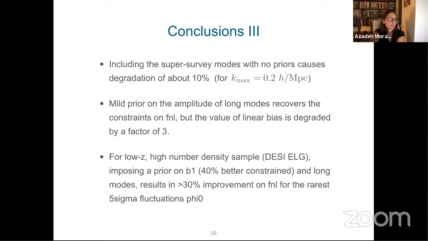And as I said, for low redshift, high number density samples, such as DESI ELG, imposing a prior on b1 can result in about 30% improvement on the value of FNL if the fluctuations of this gravitational potential are the rarest 5 sigma fluctuations. So I think with that, I would stop here and take any questions.